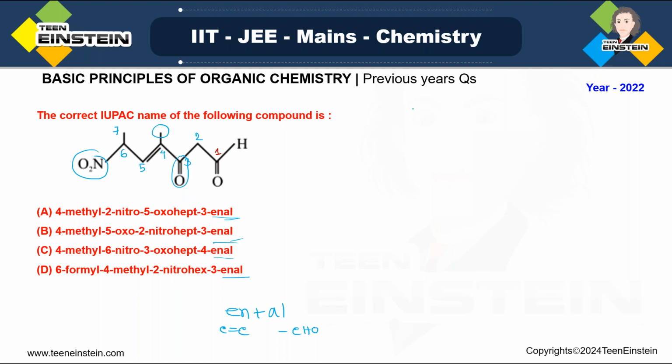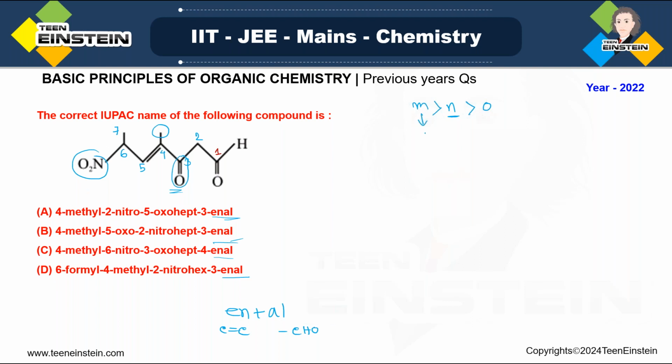Now methyl will come before nitro in alphabetical order, and after nitro there will be oxo. So write methyl first, after that nitro, and then oxo. When keto is not the main functional group, that is why we use the term oxo. So 4 methyl 6 nitro, because the position of nitro is 6.